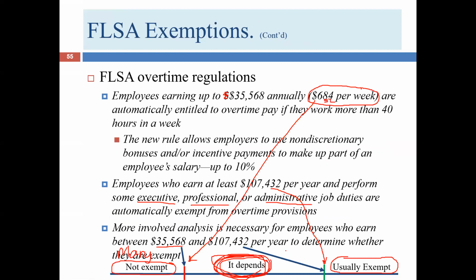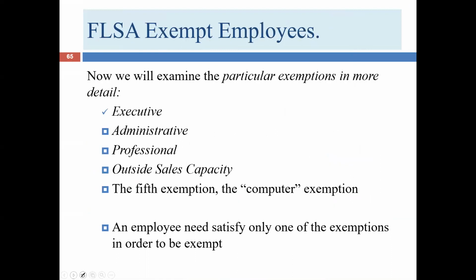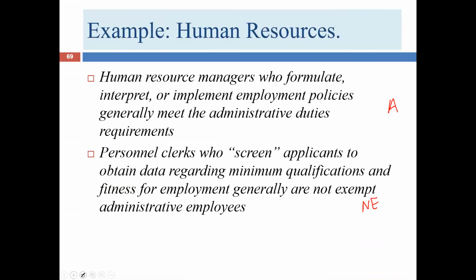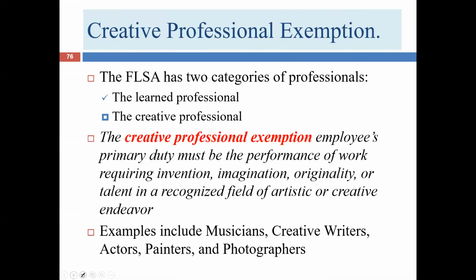And of course, similarly, if it were a paralegal who earned $108,000 in salary, we wouldn't care. It's only in the "it depends" category that we care. But since Mary earns $98,000, that's obviously in the "it depends" category. But because she qualifies as a learned professional, we do not need to make any further inquiries. Mary is not eligible for overtime pay.